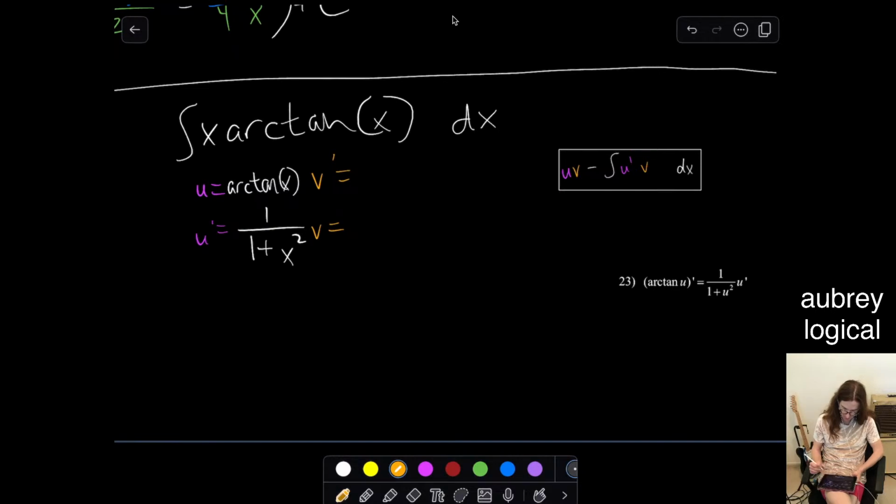That's interesting. Okay, on to our v prime, which is going to be x, and our antiderivative of x squared over 2.